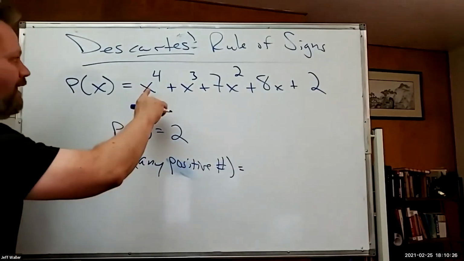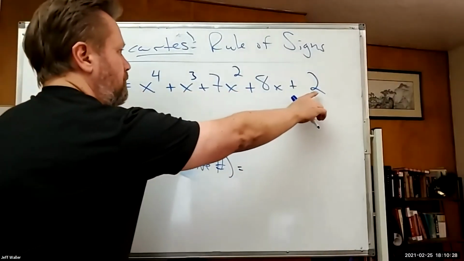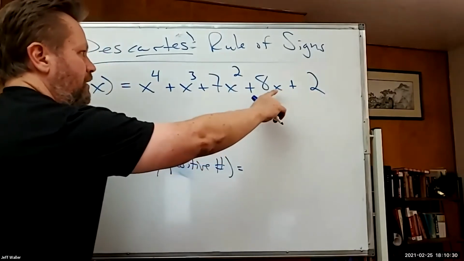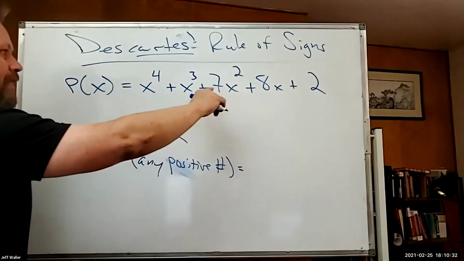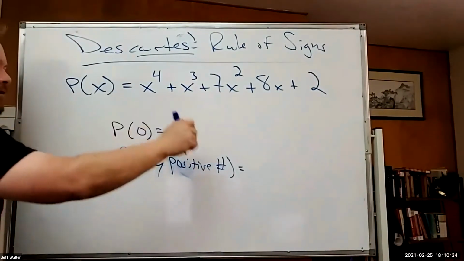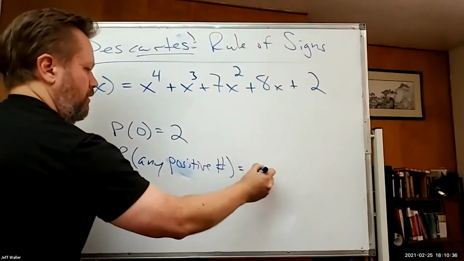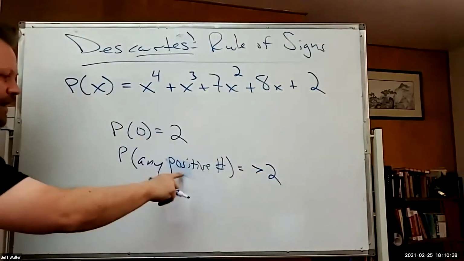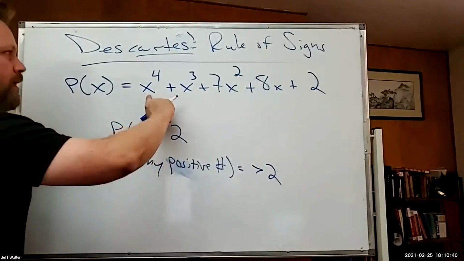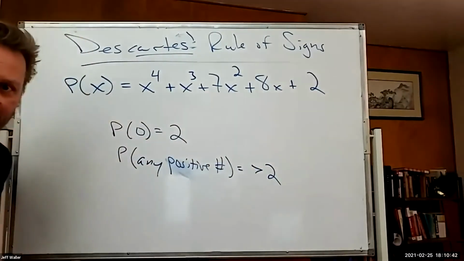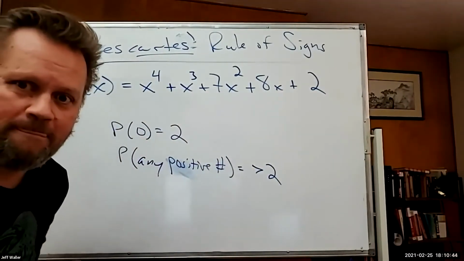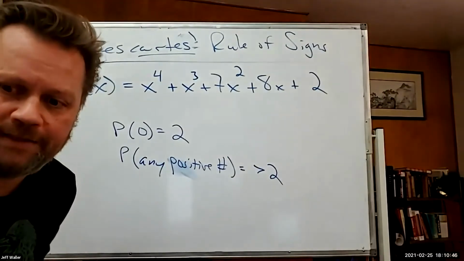If I put any positive number in here, won't it be bigger than 2? Because I'm going to add. So is there any positive number that would make this become 0? No. Right? Do you guys get that?